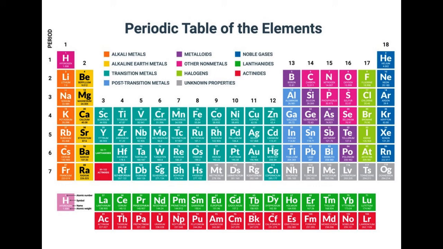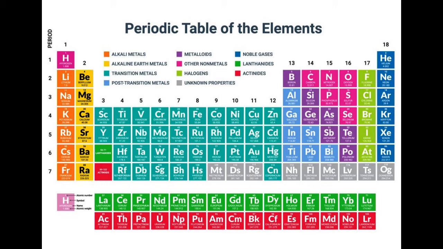Period. These are the horizontal rows that show the number of shells of electrons an atom has and are numbered from 1 to 7, e.g. elements in period 2 have 2 electron shells, elements in period 3 have 3 electron shells. Group.